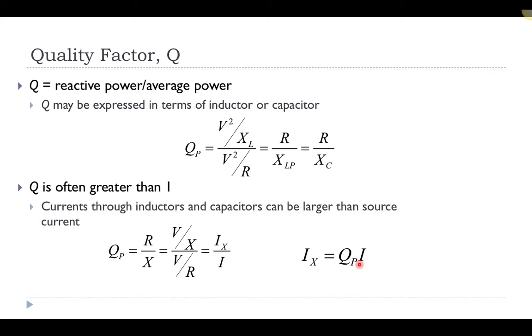For a series circuit, if you had a high quality factor, the voltage across the reactive components was larger than the source by whatever that quality factor is. And for parallel circuits, the quality factor is telling us how much larger the current is compared to the source.